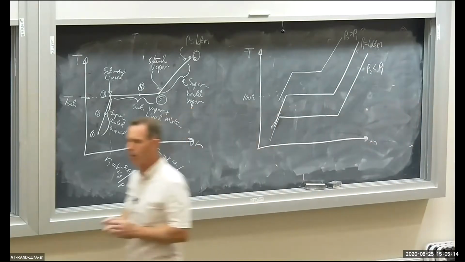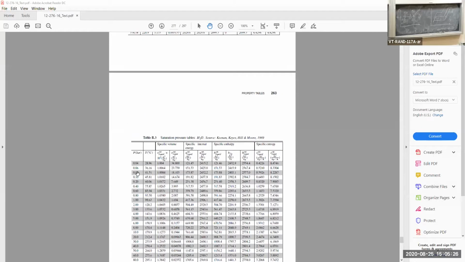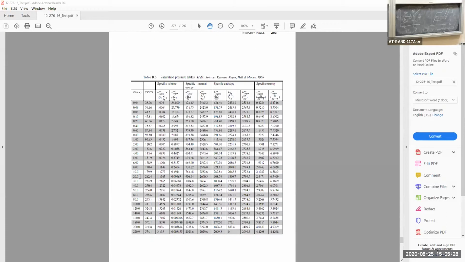Let me give you some numbers here. Let's go to the pressure table. I don't know what the pressure is in Denver. If the pressure is 8/10 of an atmosphere, more or less, it's down to 93 degrees.